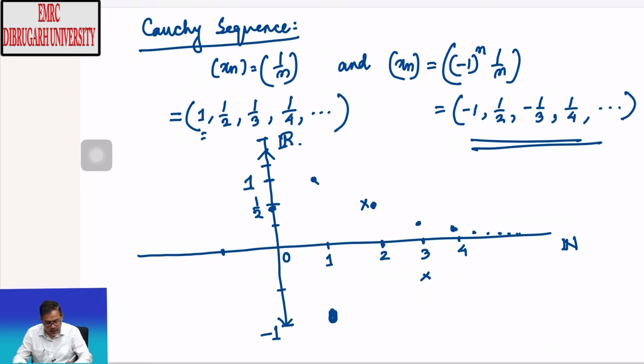The fourth point is 1 by 4, and something like this. You can see this prompts us to define a particular type of sequence that we are going to call Cauchy sequence. Okay? How do we define this sequence?